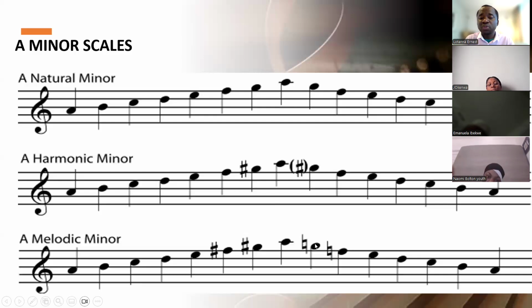So we have to remove the two sharps that were added when ascending. And how do you remove sharps? By using natural signs. So now, descending, these two show that they are all natural. So everything here is natural, like the natural minor descending. Okay. Any other question?